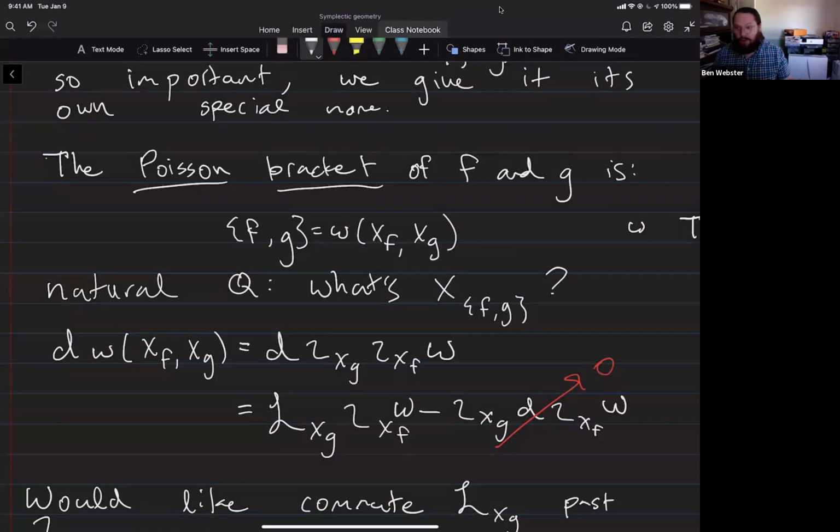So I do Cartan's magic formula to turn this d of contraction with xg into a Lie derivative with respect to xg minus those things in the opposite order: contraction with xg of d of contraction with xf of omega. That second term becomes 0 because the contraction of xf with omega is df. So this is contraction of xg with d squared of f, so that's 0.